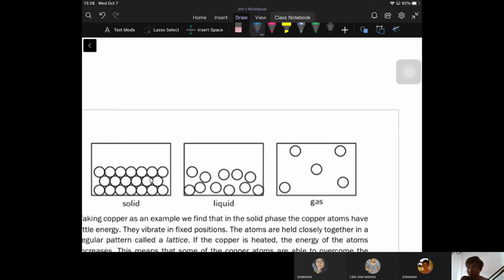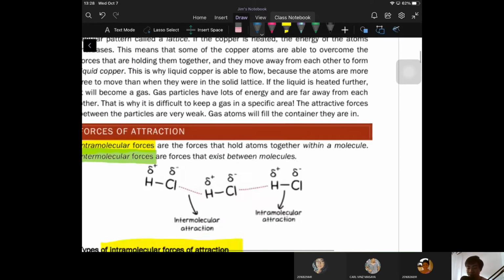Pag mababa yung melting point, ibig sabihin yung attraction nila ay hindi malakas. So, madali sila mag-transition into liquid. So, mababa or weak ang intramolecular force na. So, yun yung idea bakit ang melting point ang ginamit ko. Pwede rin naman yung boiling point. So, the higher the melting point, the higher the boiling point, the stronger the forces of attraction is.